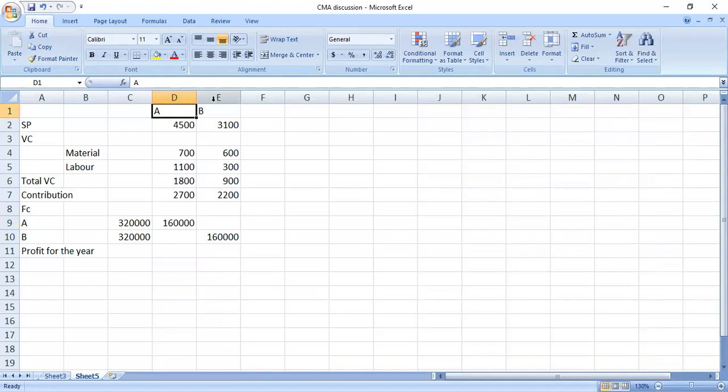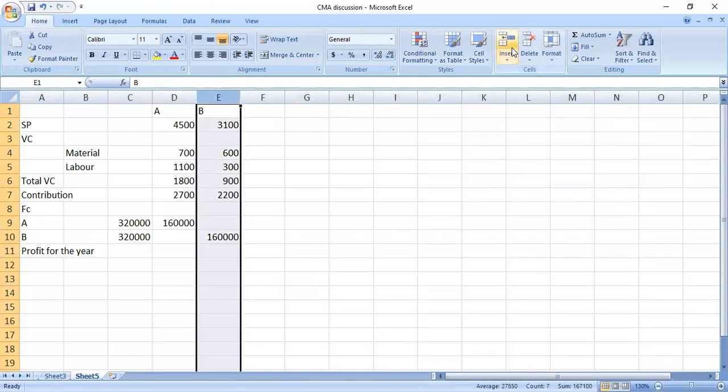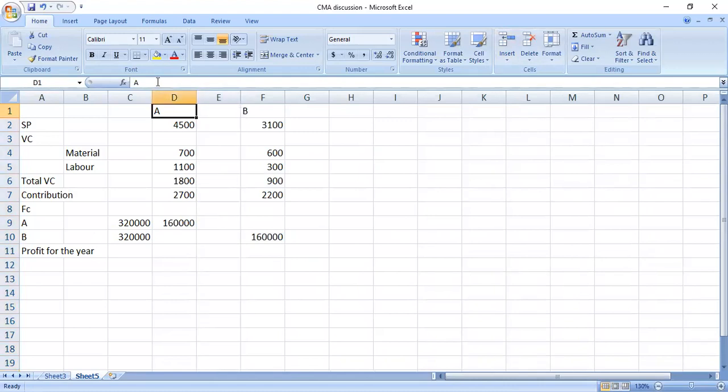So if I may just create another column. This is for A, but it was per unit. Now that we have totals, this is for A, total. The selling price is going to be multiplied by 100, right?